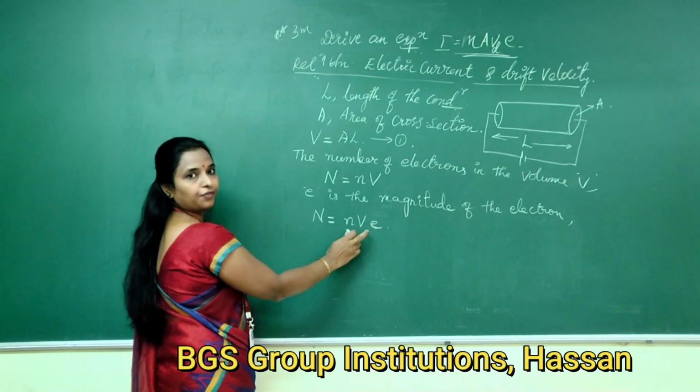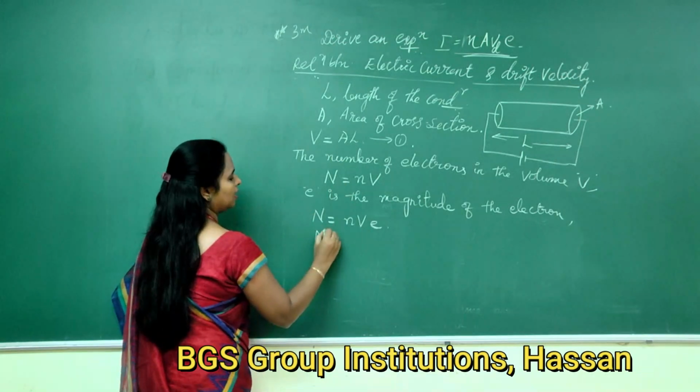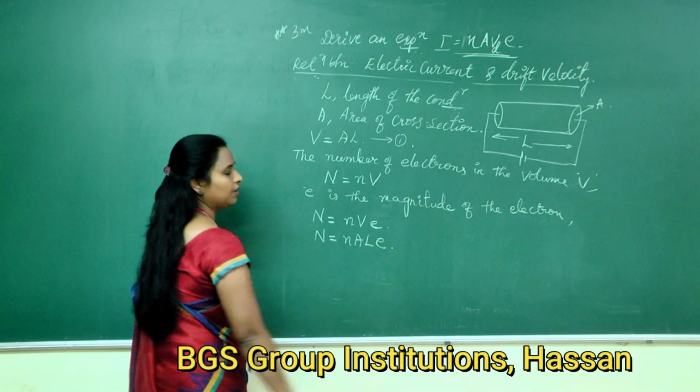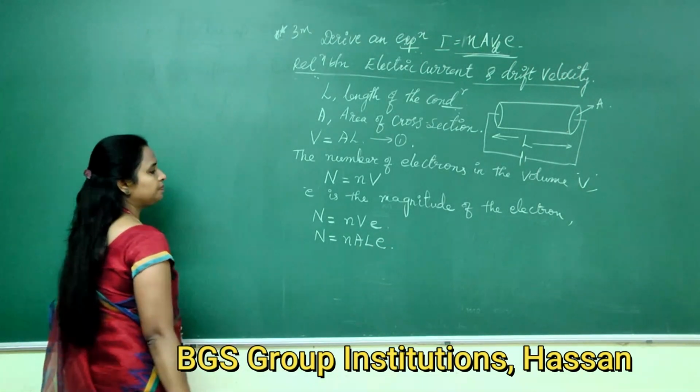Now what is the value of V here? It is AL. Therefore Q is equal to nAL into e, isn't it?